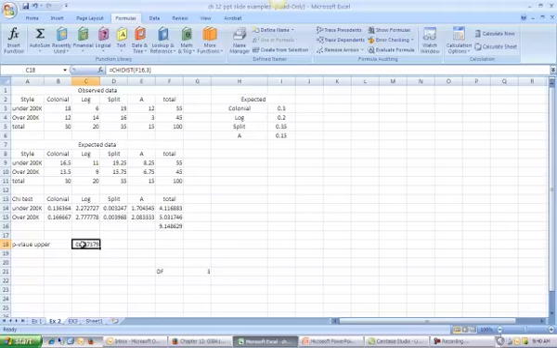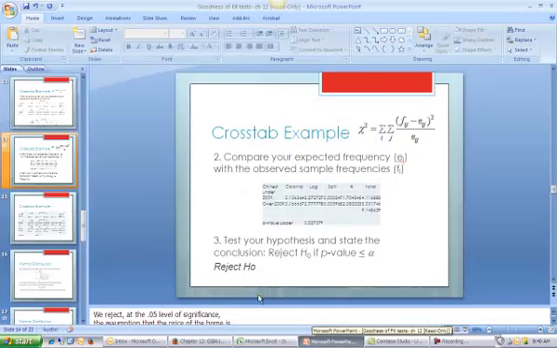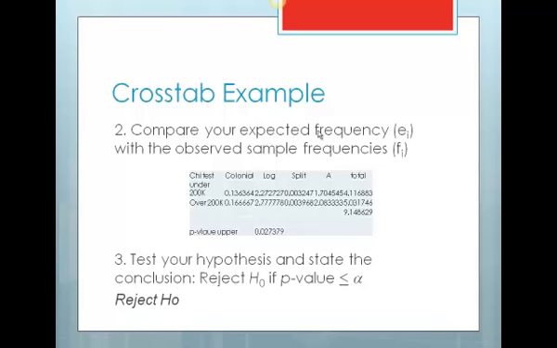Now I ask myself, is 0.027 less than 0.05? And my answer is yes. Therefore, I will reject H0.